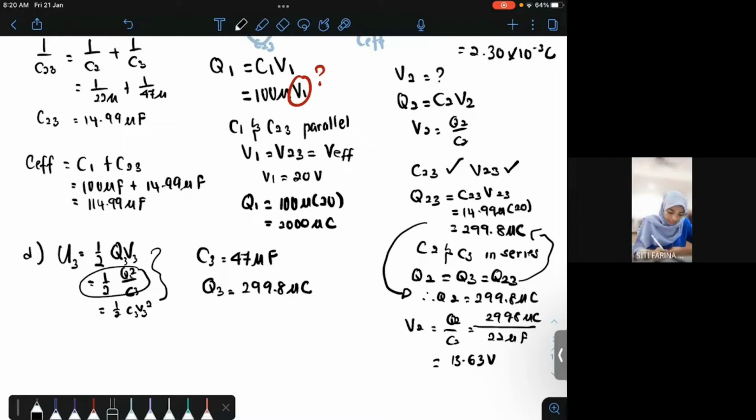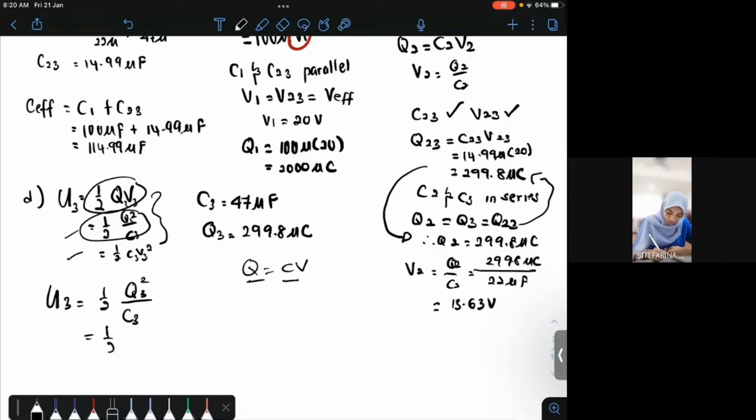Right? Basically saya tak hafal pun yang lagi dua. Saya hafal satu je. Ataupun saya dah teringat half QV. And then you derive sahaja menggunakan Q is equals to CV. So now, since you have information on Q and C, kita akan cuba guna equation U yang ada Q dan C. So now, 1 over 2, Q3 299.8 micro square divide 47 micro.